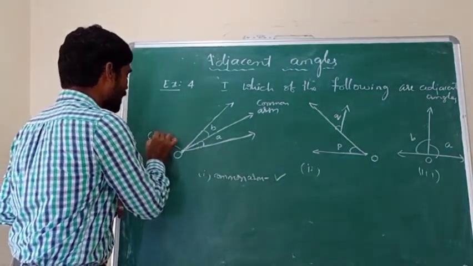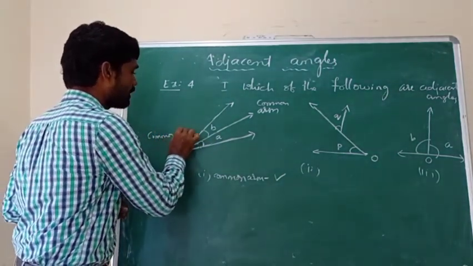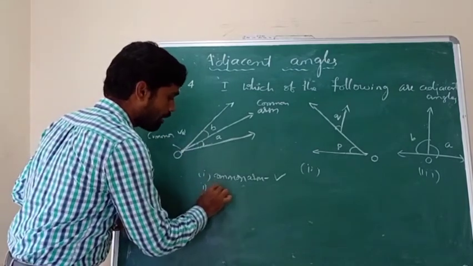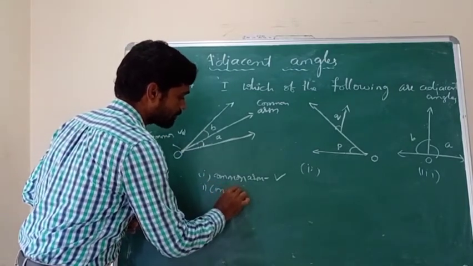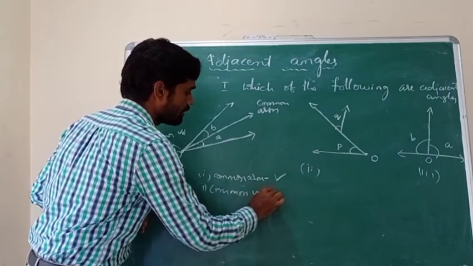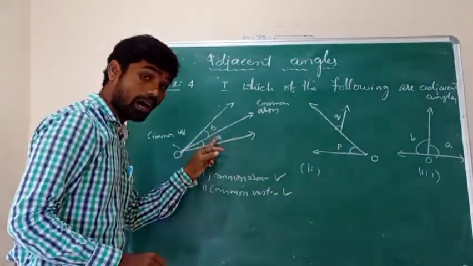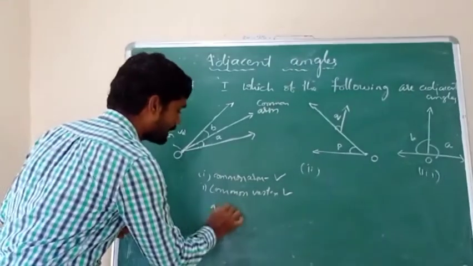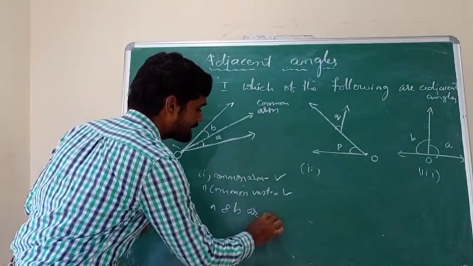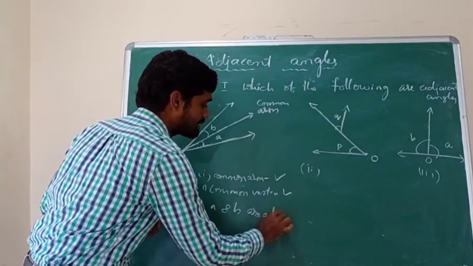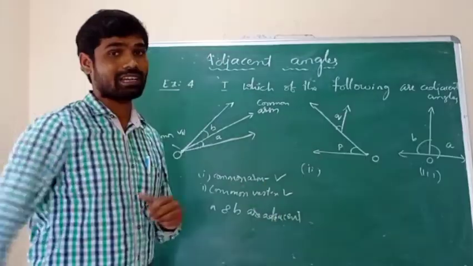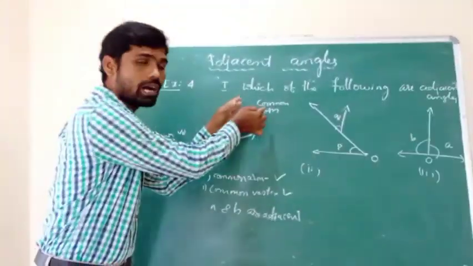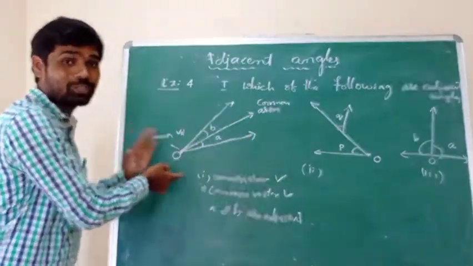This is a common vertex. They have a common arm and common vertex. So what do we call them? A and B are adjacent angles, because they have a common arm and common vertex.